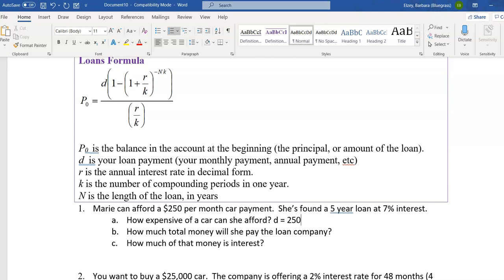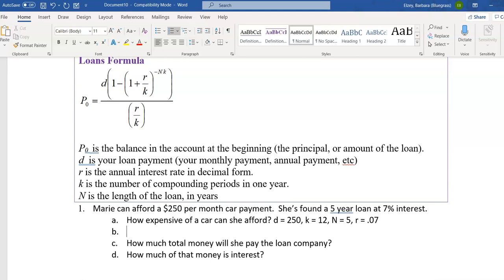D is $250. The per month is the number of times it's being compounded, so K would be 12 times per year. It's going to be a 5-year loan, so our N is 5, and 7% interest, so R is 0.07, 7% interest as a decimal.